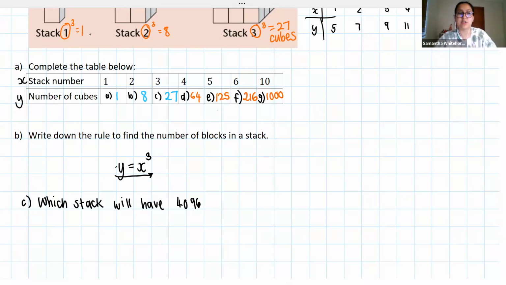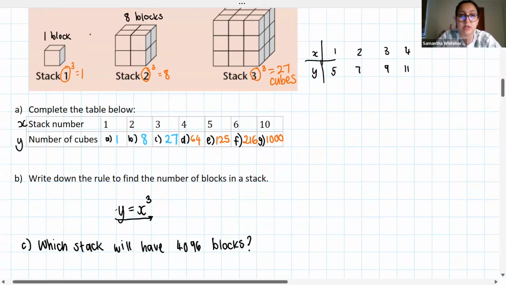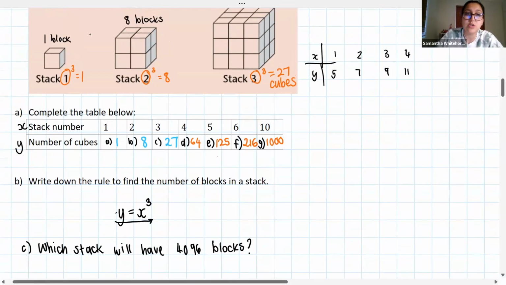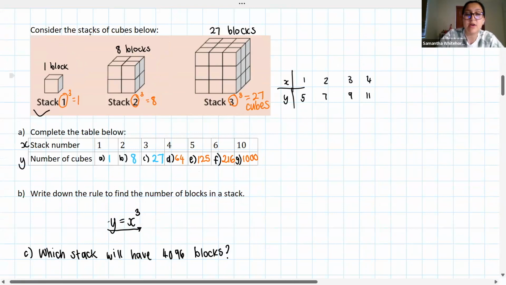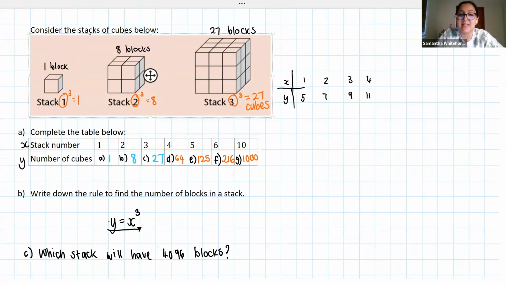Okay, so that's the question I'm posing to you. Which stack, if we go back to the pictures here, which one of these stacks, if I carry on this pattern, will end up having 4,096 blocks? I want you to try that one by yourselves. We'll get an answer in the chat.